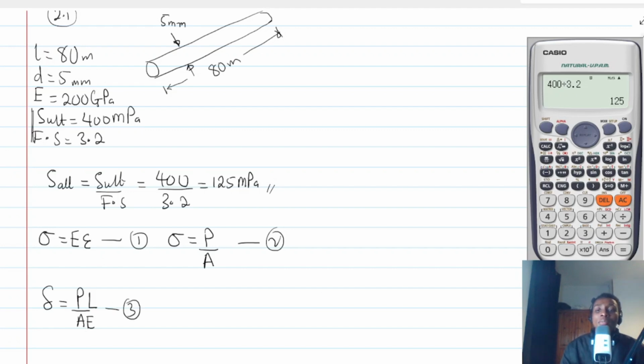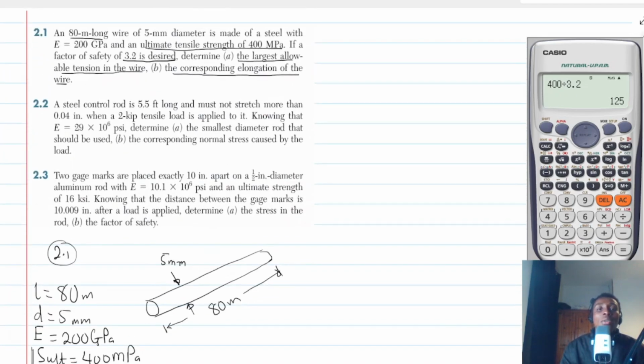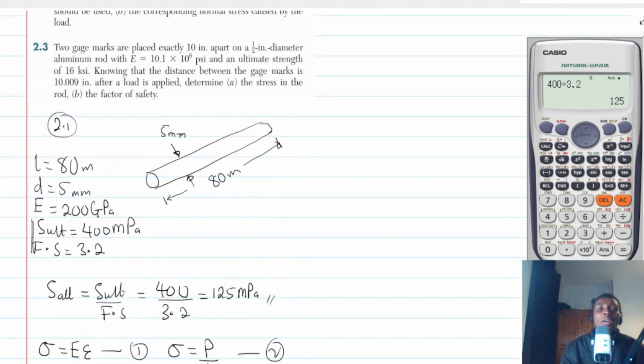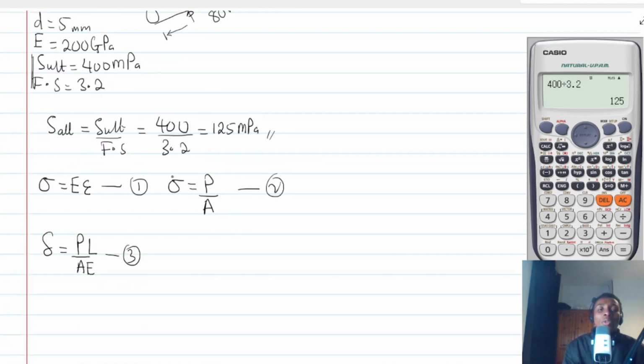So the first part of the problem says we should calculate the largest allowable tension in the wire. The tension force will be the load which will be in the wire. To calculate this, the load is going to be the stress times the area.